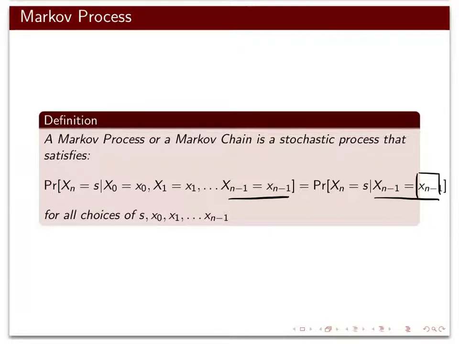And this should hold for all choices of s, x0, x1, up to xn-1. Another way to say this, and you can check to see that this makes sense, is that in a Markov chain, conditioned on the present value, the past and future should be independent.